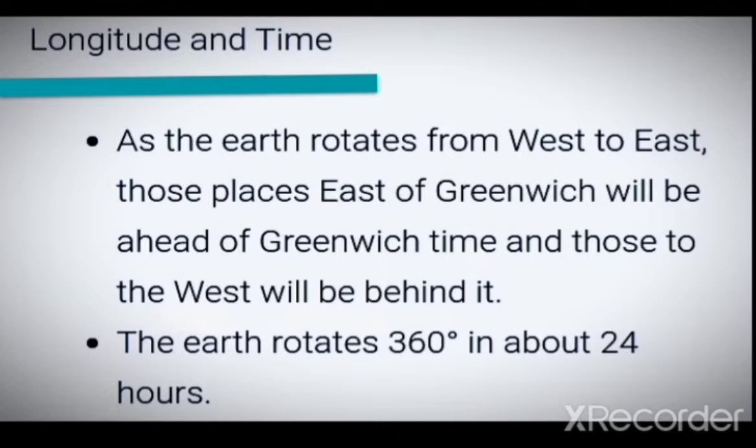Because we all know that the earth rotates 360 degrees in 24 hours. If we divide 360 degrees by 24 hours, we get 15 degrees. That means the earth rotates 15 degrees in 1 hour. Let us understand this with the help of a numerical example. As we all know, the shape of the earth is spherical.